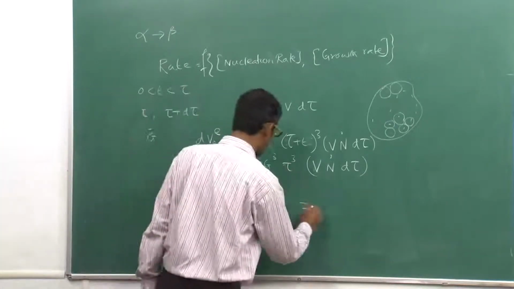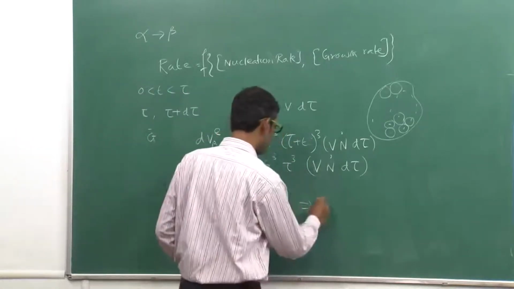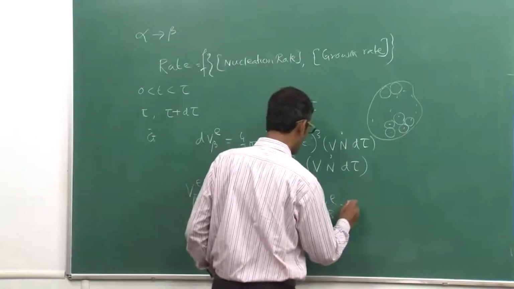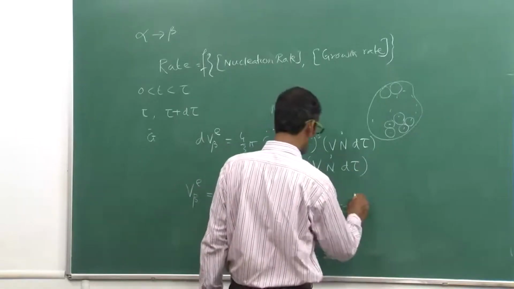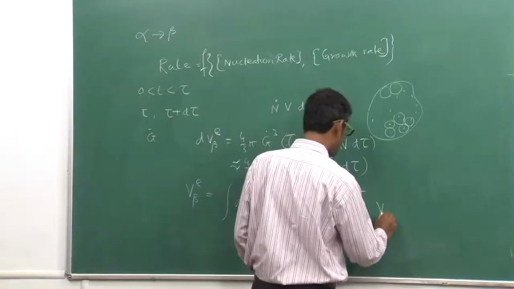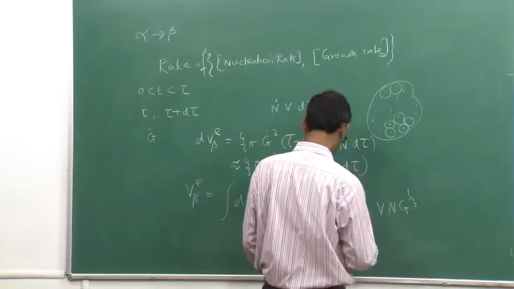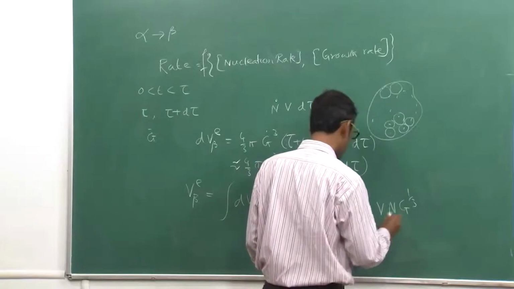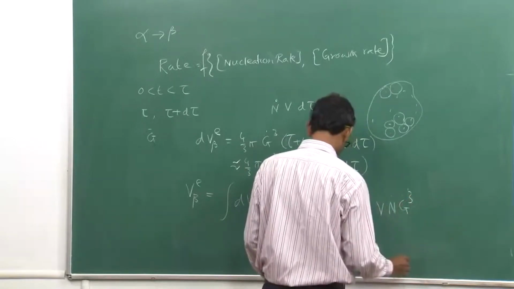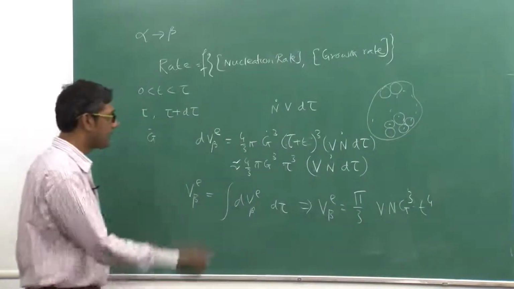Now if you do that, from 0 to time t, what you will get is V beta E equal to, and this is cubed, so 1/3 it will become pi, that's what you have seen, and that's equal to V n dot G dot cubed, 1/3, G dot cubed, sorry, G dot cubed and t to the power 4. And this is exactly what I wrote.